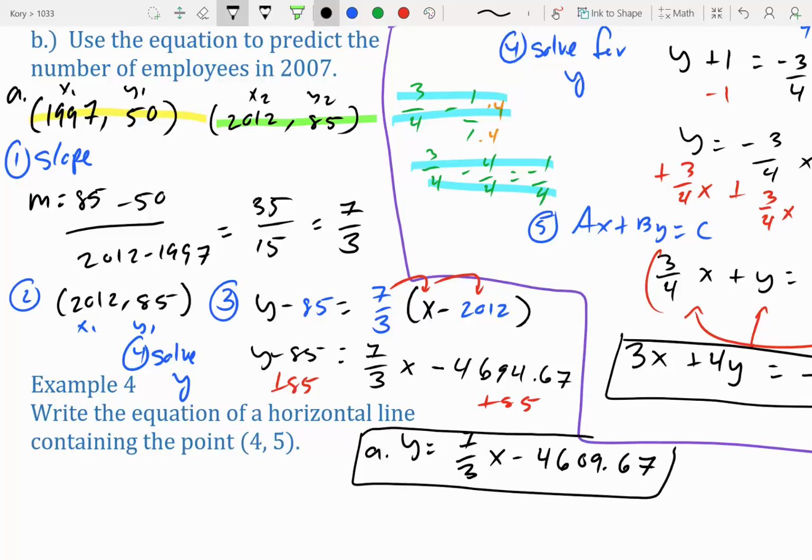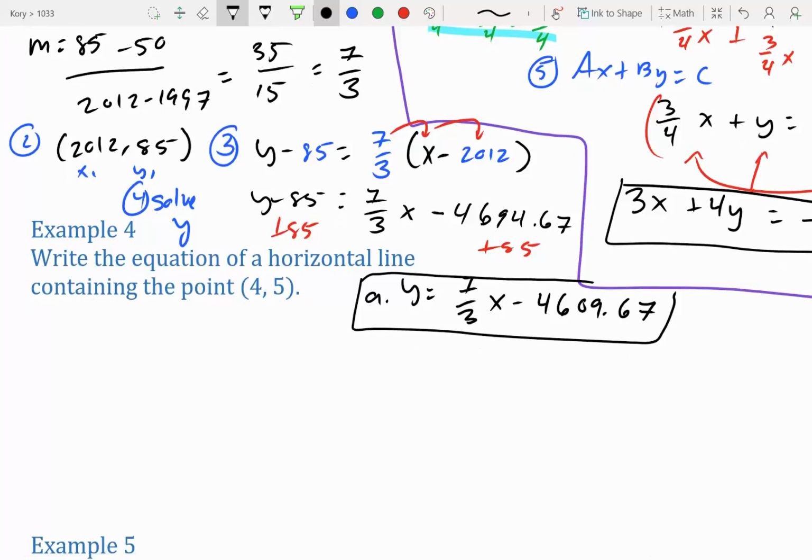It's called the model because this is what we model and how to find things in the future or in the past. So for B, our x equals 2007, and all we're going to do is just plug it in.